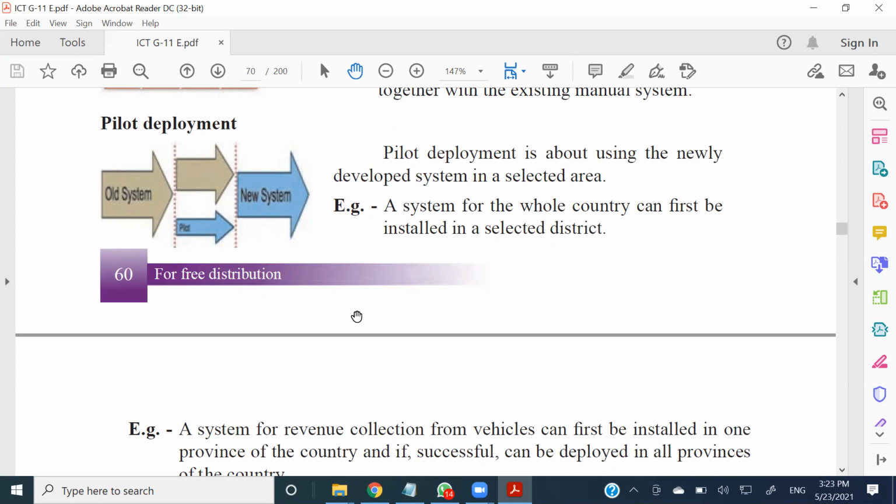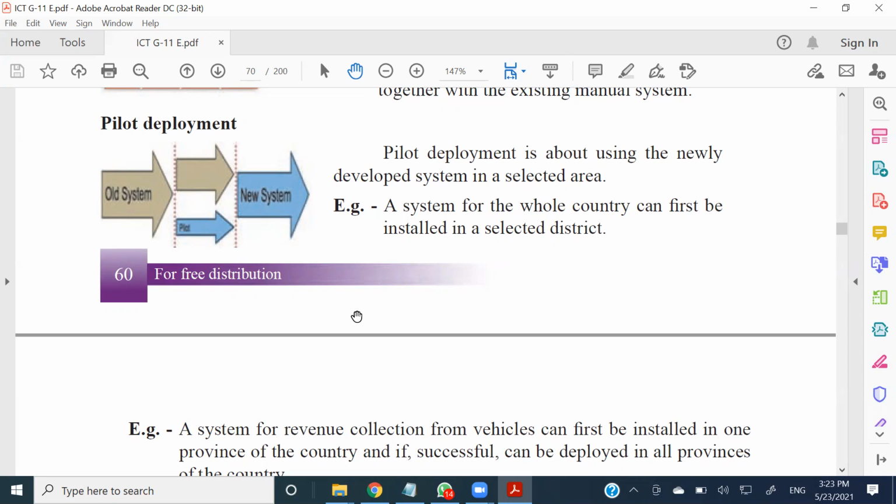But definitely the pilot project will be affected, because the primary section is not using the old system when they start to use the new one, right? So that particular part will fail, or they will be in trouble.